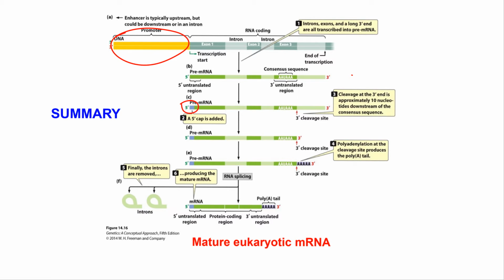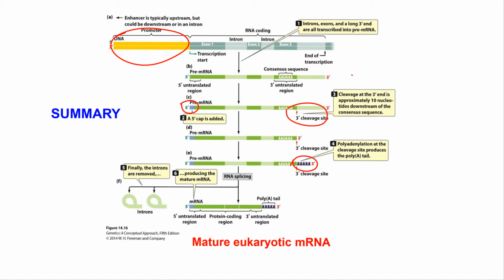This 5' end modification is followed by 3' cleavage. The cleavage site at the 3' end is downstream of a consensus sequence, and it's followed by polyadenylation. Adding this poly A tail increases stability of mRNA and also plays a role in the association of mRNA with ribosomes.